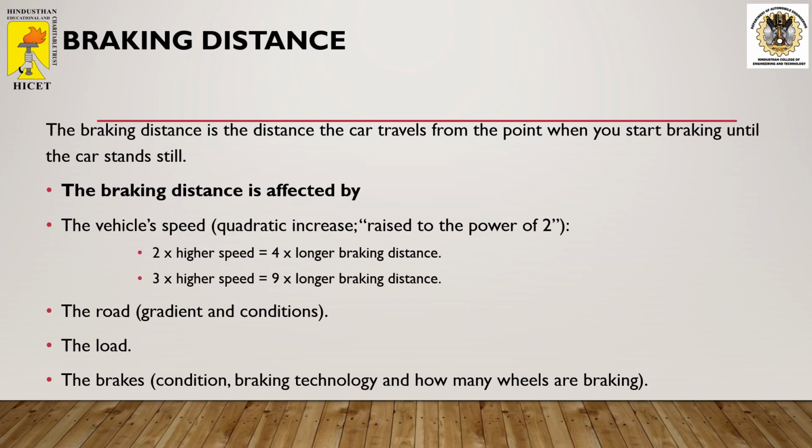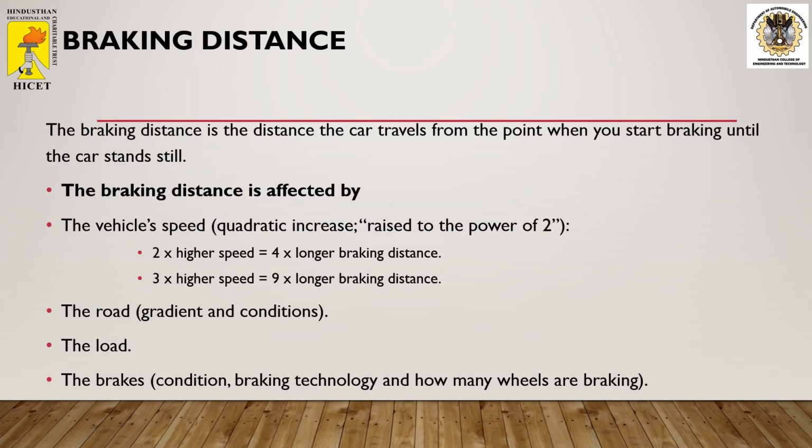Next, the second component is braking distance after the brake has been applied. The braking distance is the distance the car travels from the point when you start braking until the car stands still. Here the braking distance is affected by four major factors. First thing is the vehicle speed. Here it is a quadratic increase when compared with the reaction distance.